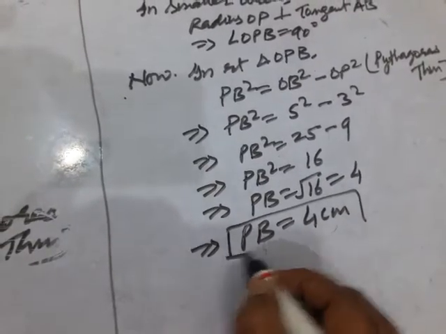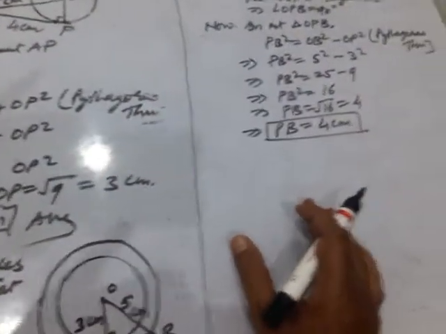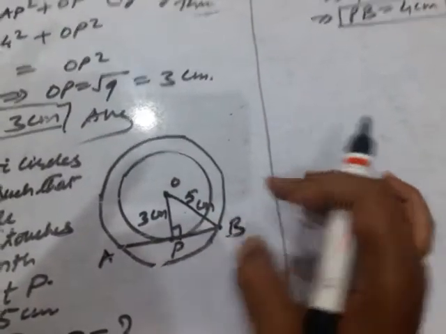Okay children. Now PB is not your ultimate answer. Clear? What is your ultimate answer? Ultimate answer is the length of AB.